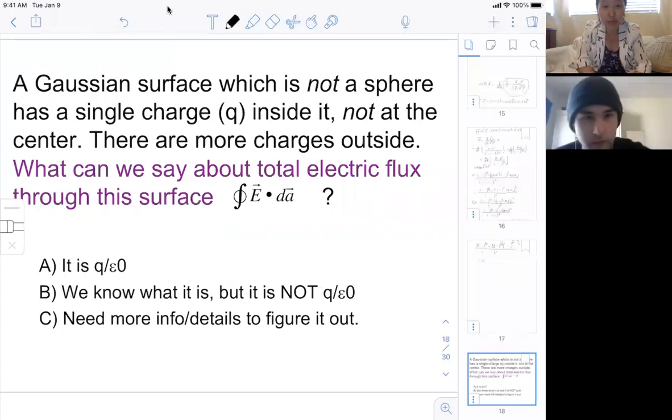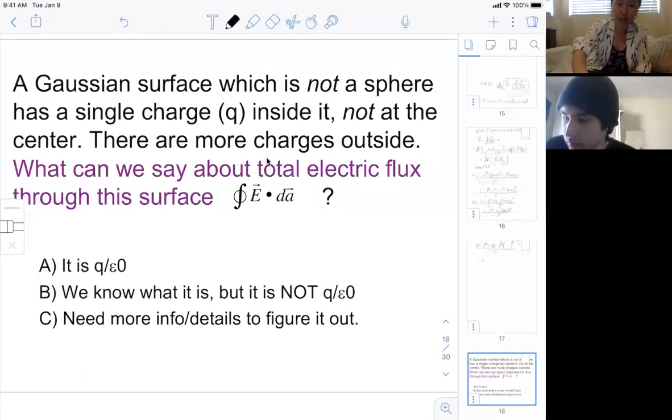Okay, so we talked about Gauss's law. Here is just a really quick check-in to see if we remember what Gauss's law is. Here is a question. I'm going to go ahead and launch the poll for you. There's no need to go to the breakout rooms, so maybe take a minute or a minute and a half for this question.